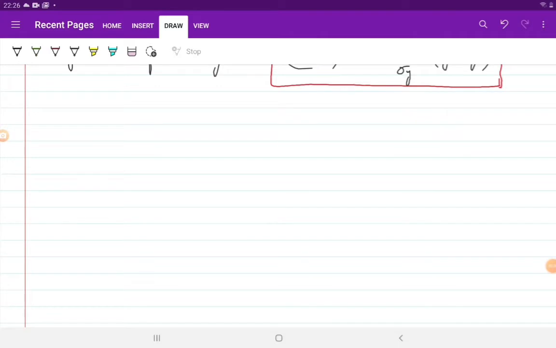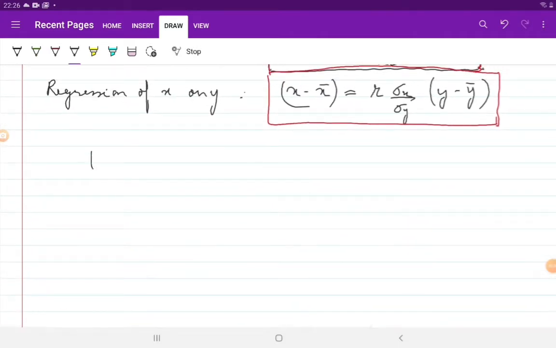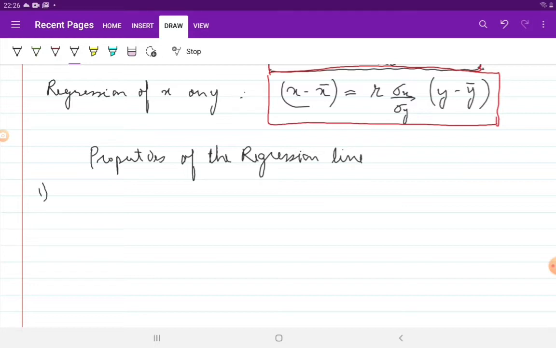Now let's have a quick discussion on the properties of the regression line. The first important property is that both the regression line of y on x as well as regression line of x on y will pass through the mean values of x and y.